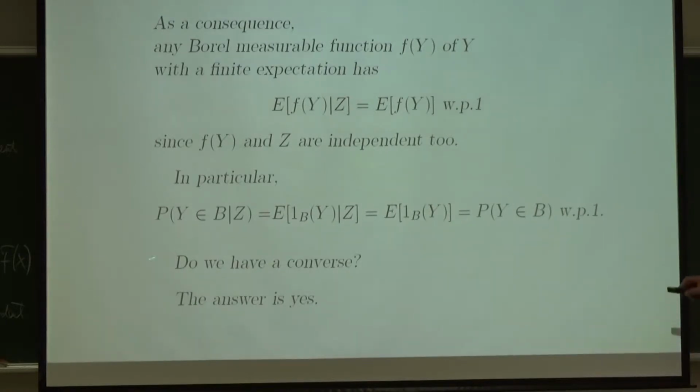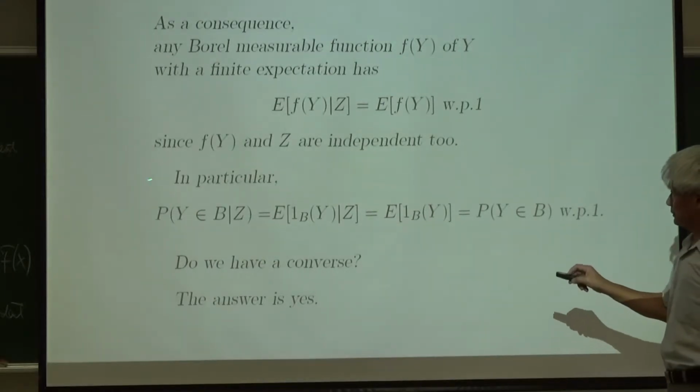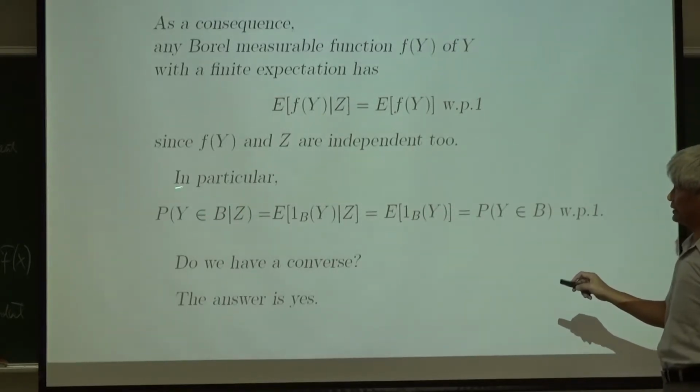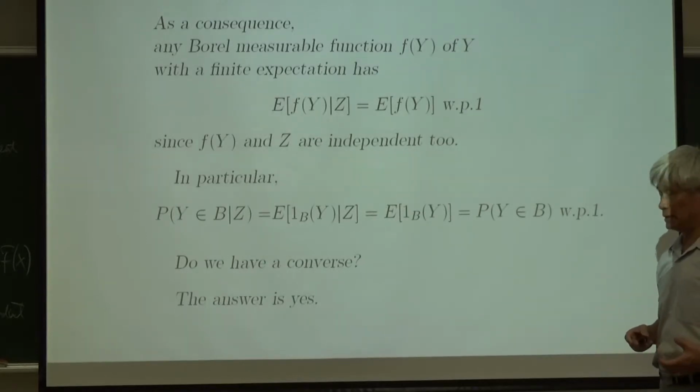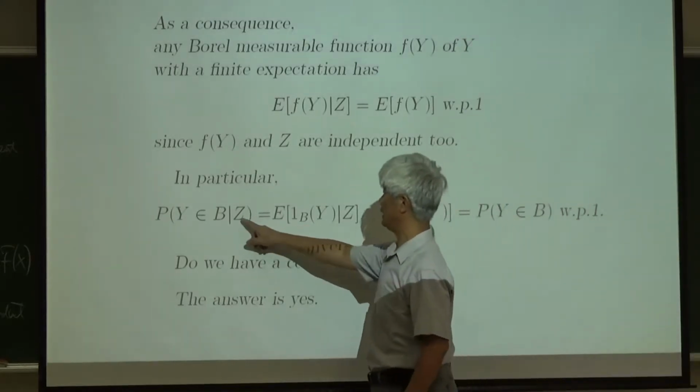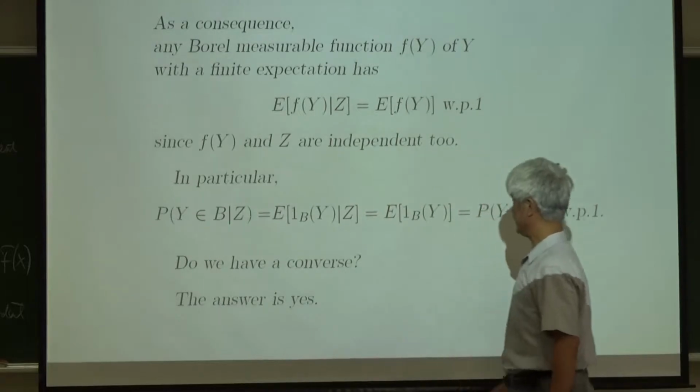Any questions about these expressions? The conditional probability given a random variable is actually a random variable, a function of Z, as you can see here.